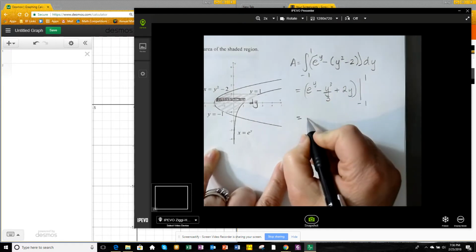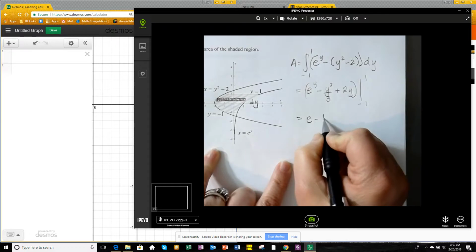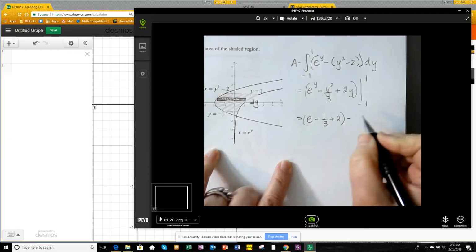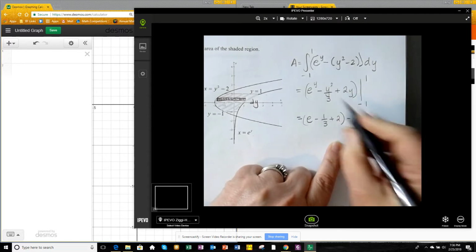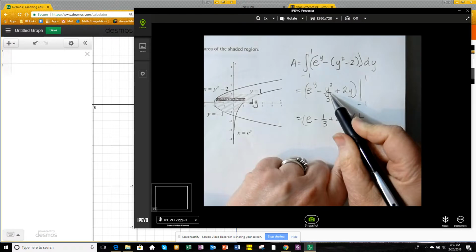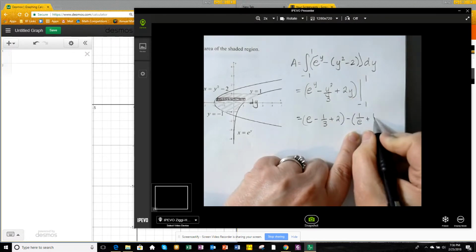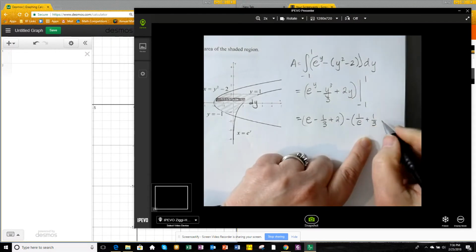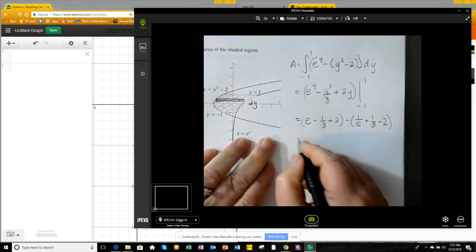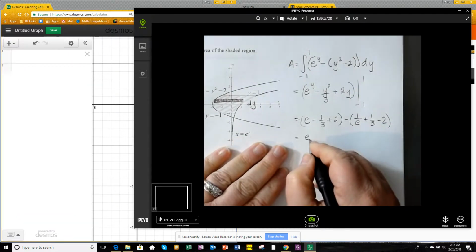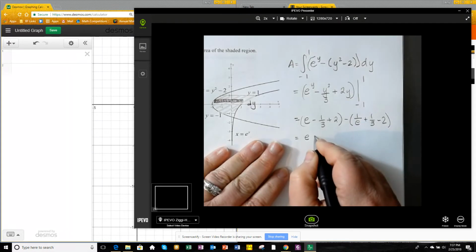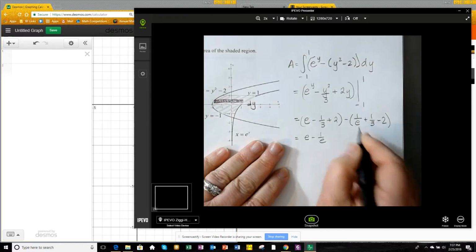We plug the 1 in and we get e minus 1/3 plus 2 minus e to the -1, which is just 1 over e. And -1 cubed is -1, so that'd be a plus 1/3. And then I plug in -1, I get -2. Let's simplify that. We get e. This is going to be minus 1 over e, because I can subtract that.